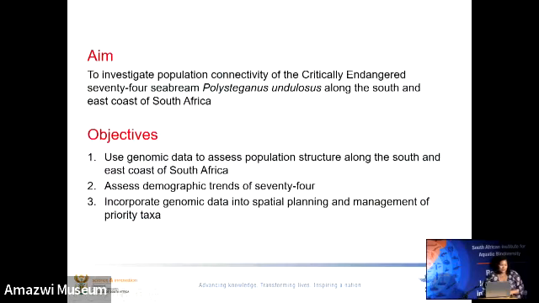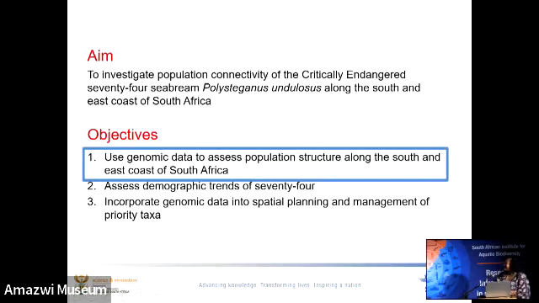So this brings me to the aim of this component of my PhD, which is to investigate the population connectivity of this Polysteganus undulosus along the south and east coast of South Africa with the following objectives: to use genomic data to assess the population structure, to assess demographic trends, and then also incorporate this data into the spatial planning and management of priority taxa such as sea breams. However, for the purpose of this presentation, I'll only be focusing on objective 1.